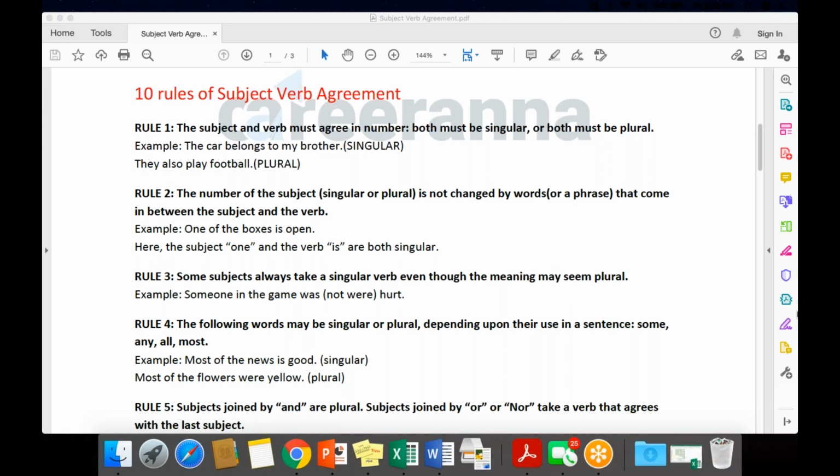Anything except one of the boxes will lead to are open or were open, whatever the tense, but it will be a plural verb. In this particular situation, it is one of the boxes, hence my verb is going to be singular. Is it clear?